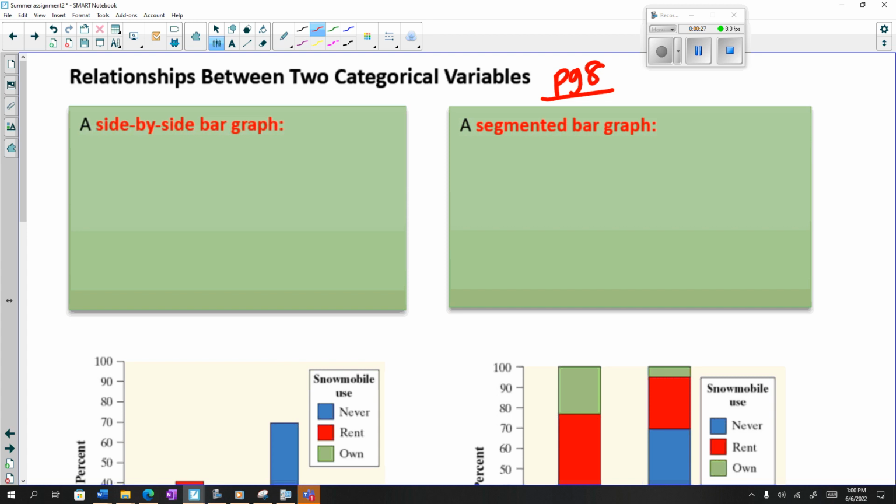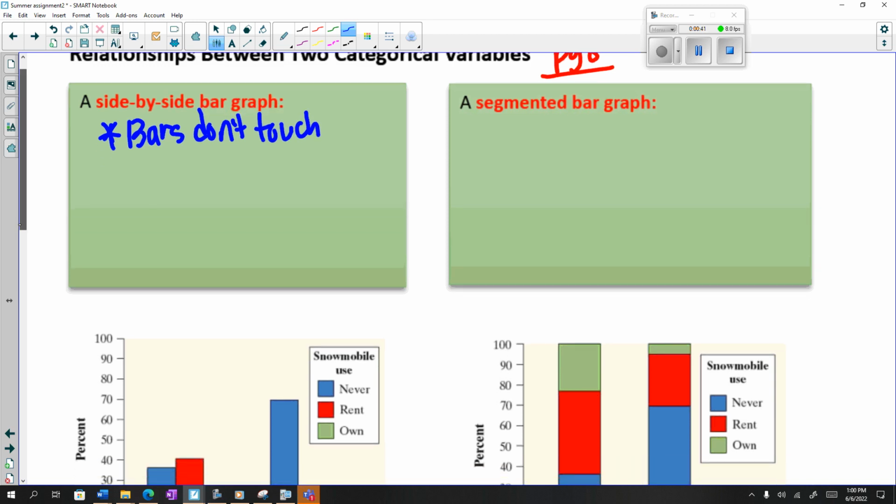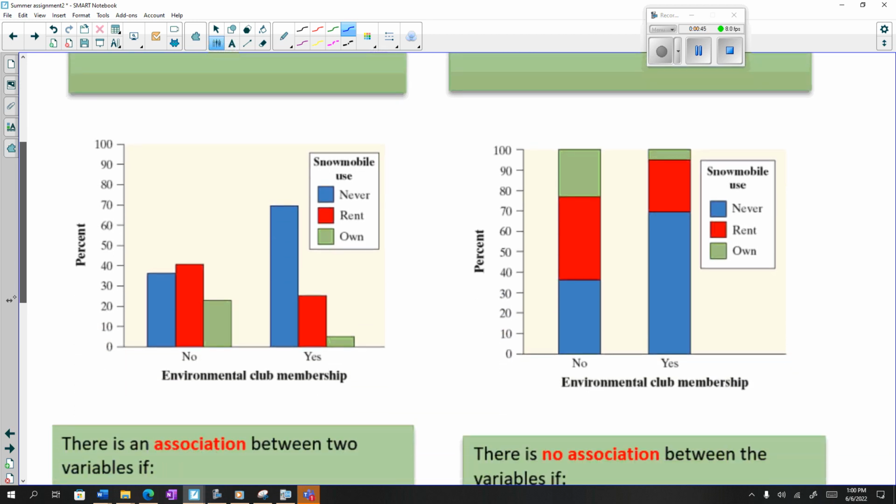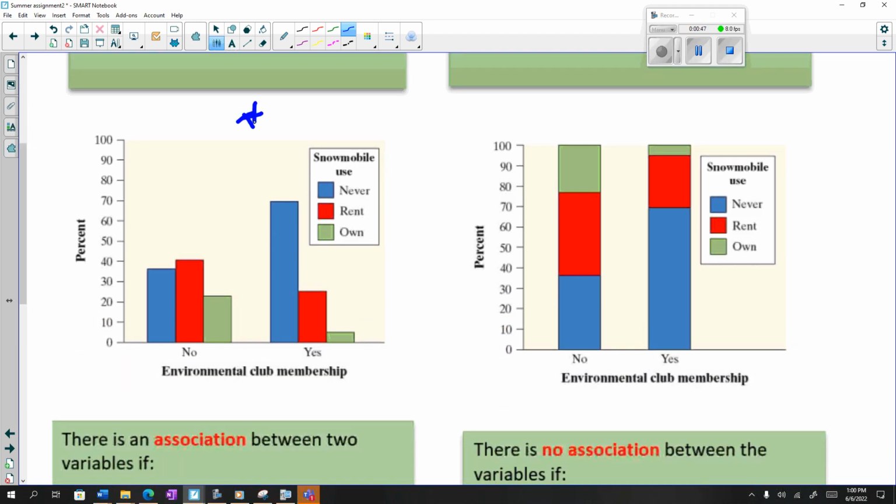So first of all, you could do a side-by-side bar graph if you have two variables where, remember, the bars don't touch on a bar graph, and you would put the two variables on the x-axis. So if you look down below here, I'm gonna star it. This is a side-by-side bar graph.